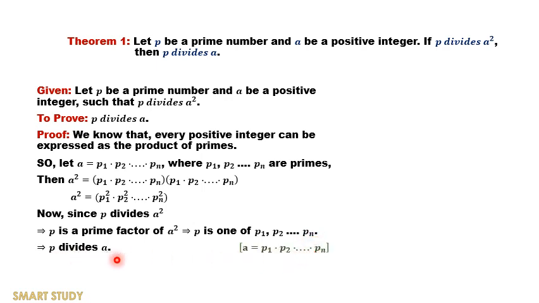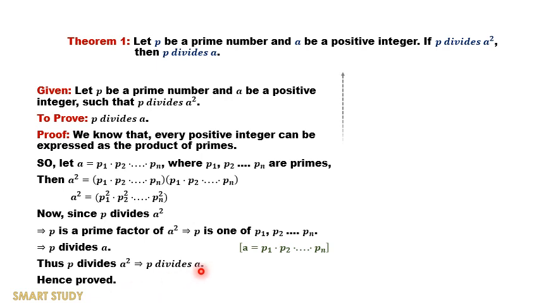So p divides a because we know that a equal to p1 into p2 into so on pn. So thus p divides a square, this implies p divides a, hence proved.